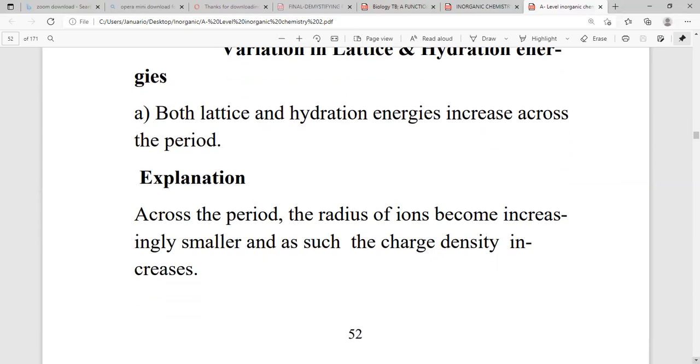As a result, there is an increase in nuclear charge, but the increase in screening effect is very small or almost constant. So the effective nuclear charge is very high, and you expect a small ionic radius.